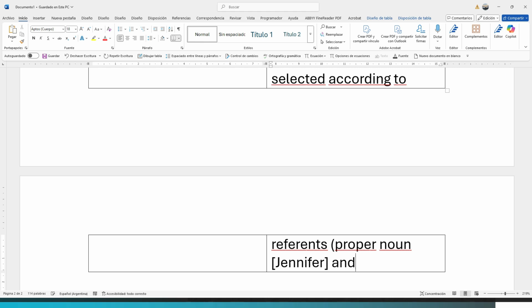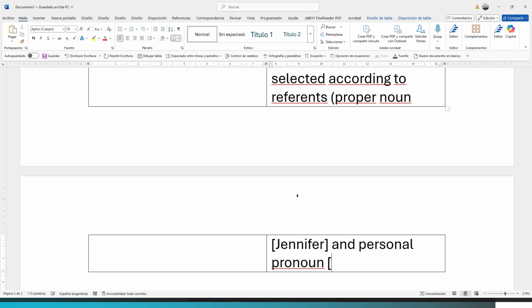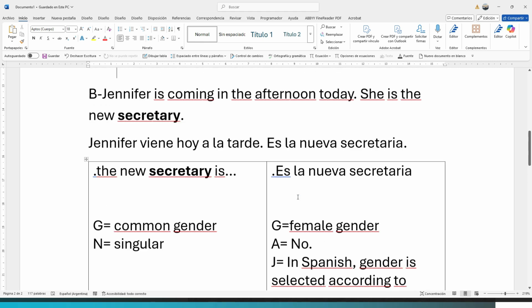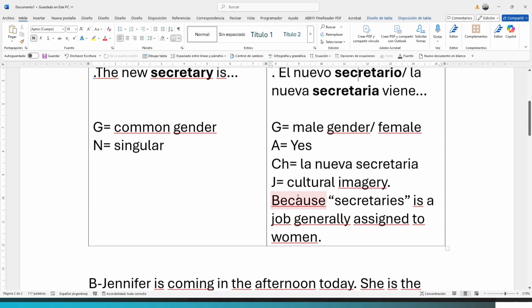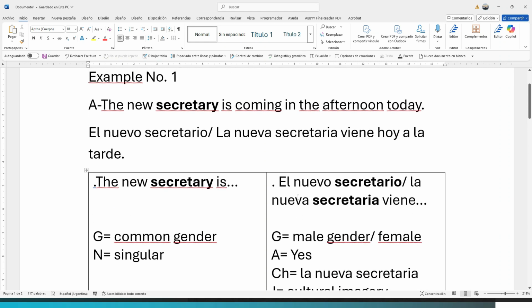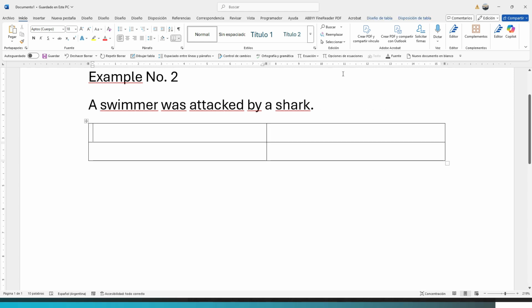And personal pronoun, she. Okay? And this is a clear contrastive analysis regarding these two examples. Secretary in both, the gender of secretary in both examples. Well, let's go to another example now.